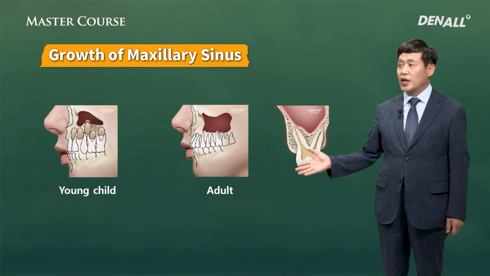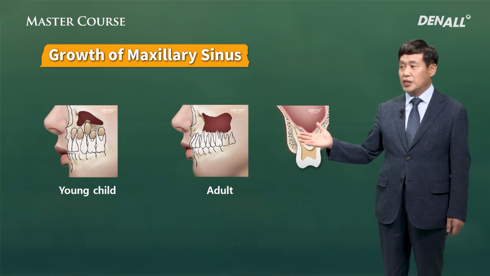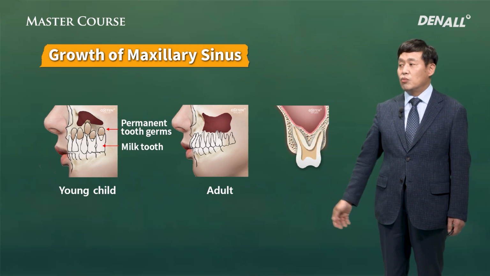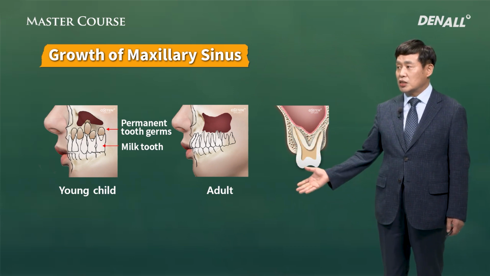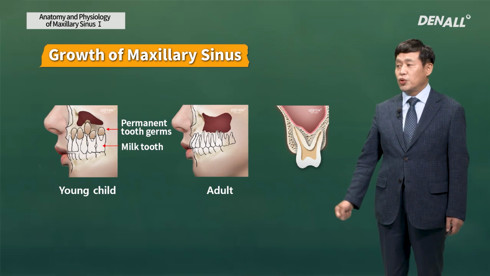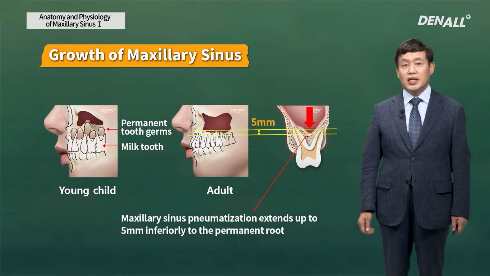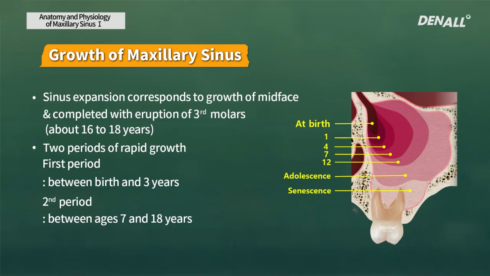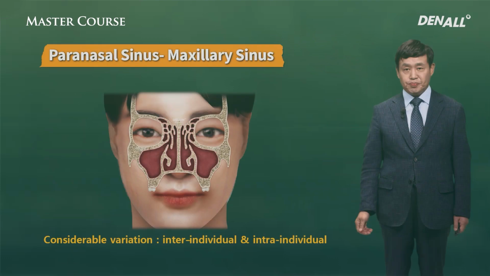And after the growth is finished, in most cases, permanent teeth would be coming out. The maxillary sinus pneumatization extends up to 5 millimeters inferiorly to the permanent root. So the maxillary sinus expansion, as I said before, corresponds to the growth of the midface, and the growth is completed at around 18 years of age.